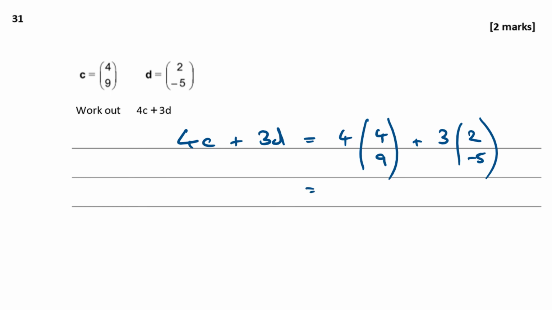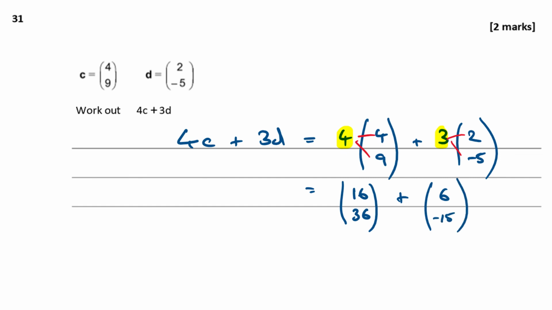Now, when you're multiplying a column vector by a scalar like this, you times both numbers by the 4. So 4 times 4 gives me 16, and 4 times 9 is 36. I'm going to do the same thing with the second bracket. This 3, I'm going to multiply by both numbers in the bracket. So 3 times 2 is 6, and 3 times -5 is -15.